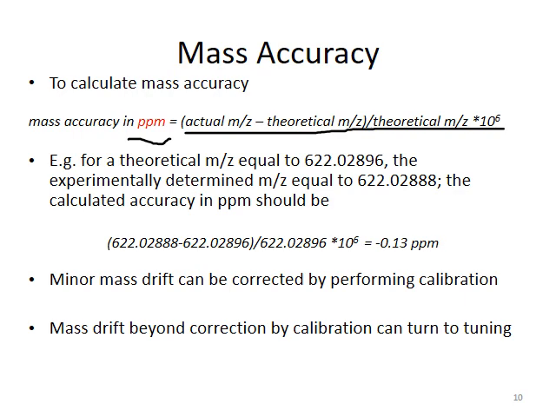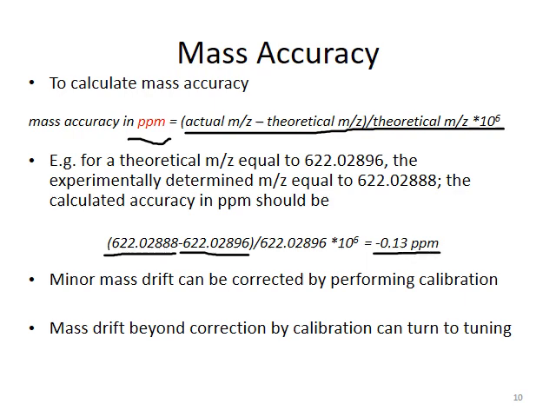For example, for an ion with theoretical m/z equal to 622.02896 and the experimentally determined m/z equal to 622.02888, the calculated mass accuracy in ppm should be as shown, minus 0.13 ppm.